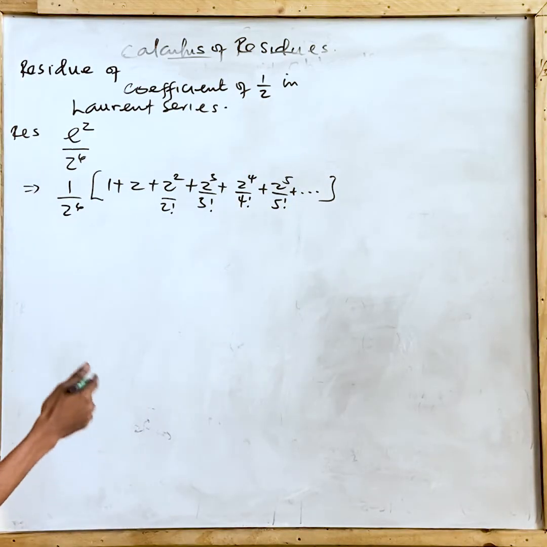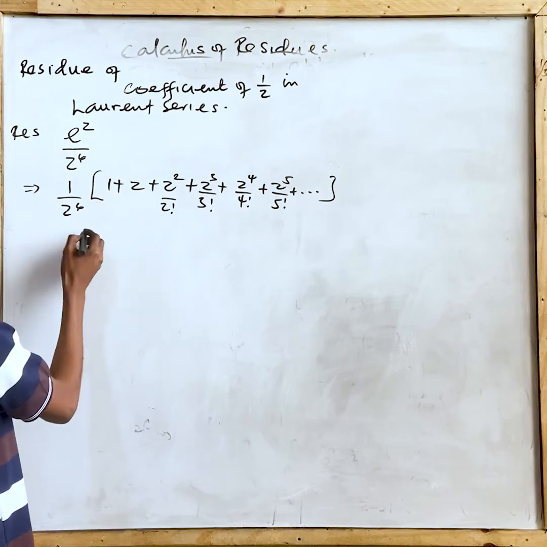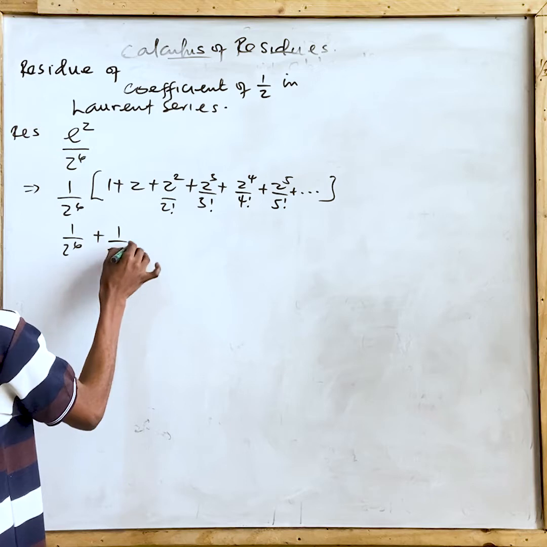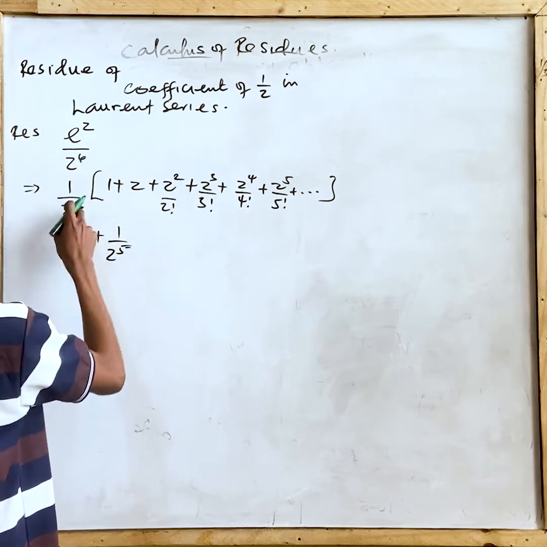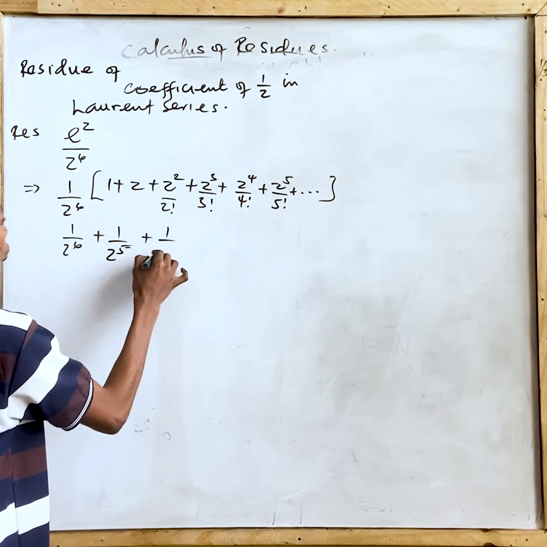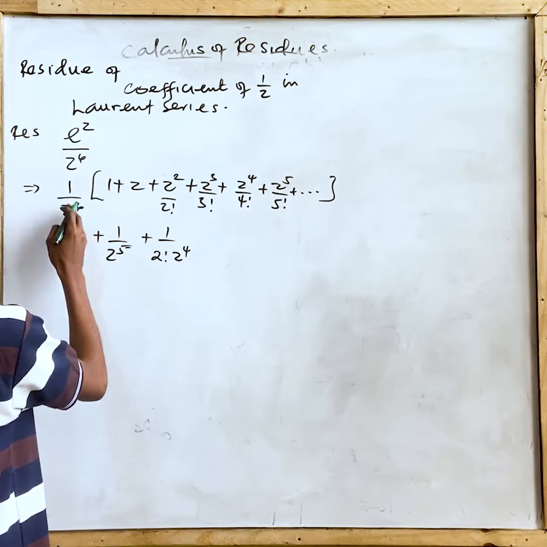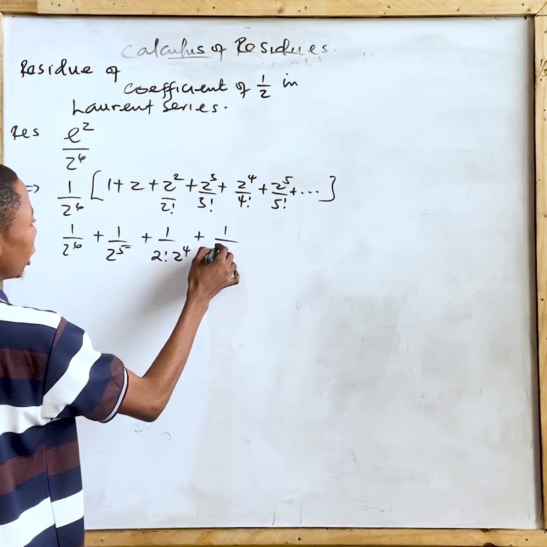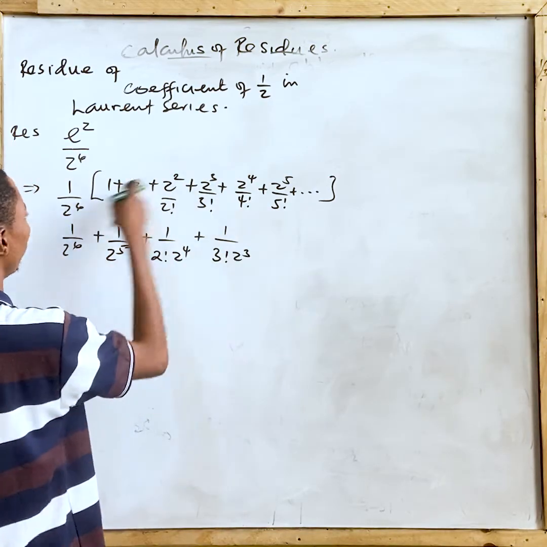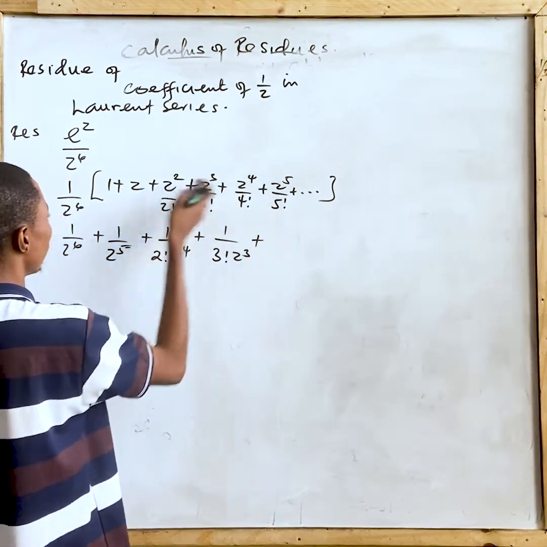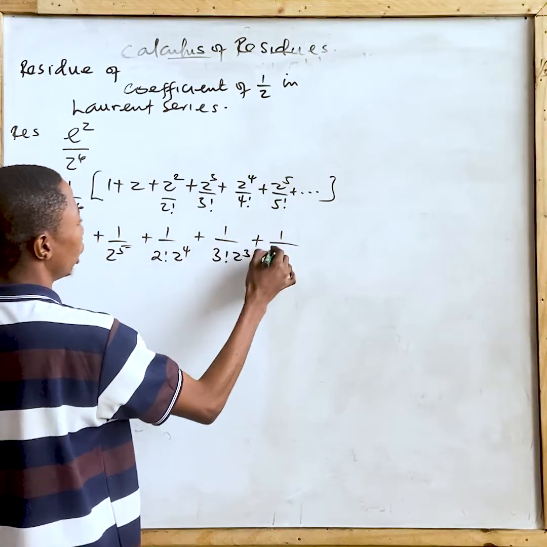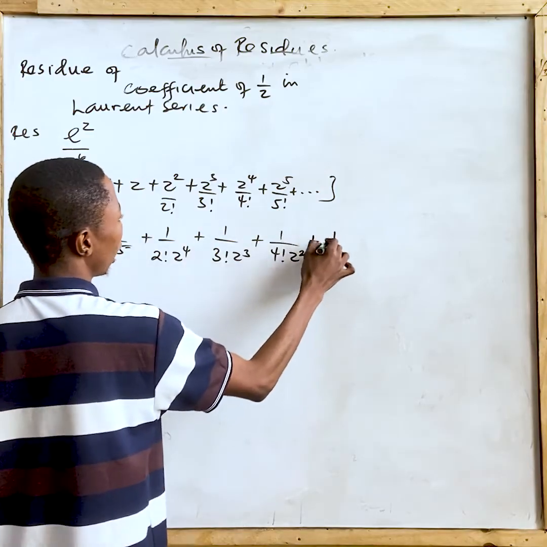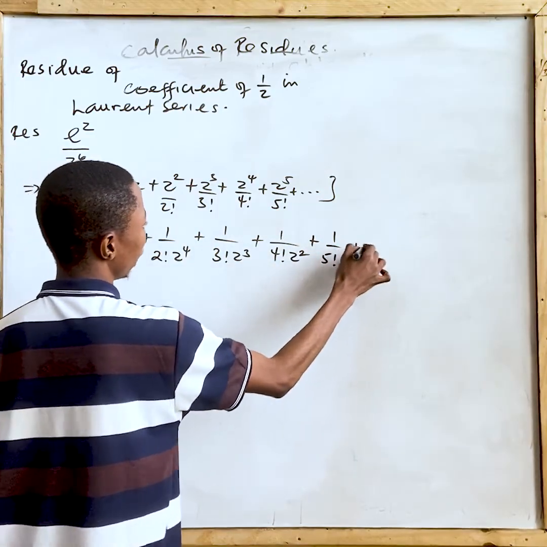Now if I multiply both sides by 1 over z6, 1 over z6, z over z6 is 1 over z5. z square over z6 is 1 over 2 factorial z4. z cube over z6 will be 1 over 3 factorial z3, because this one will remove 3. Plus z raised to power 4 over z6, that's 1 over 4 factorial z square. z5 over z6, that's 1 over 5 factorial z, and so on like that.